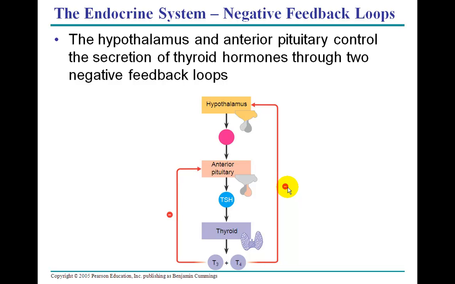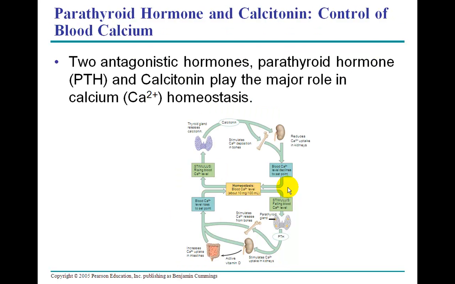These systems work on feedback loops, and if you remember, feedback loops came from Chapter 1, positive feedback and negative feedback. In this particular situation, we work on negative feedback loops. So we're going to be looking to reduce the amount of iodine that's in the blood. The hypothalamus is the command center.